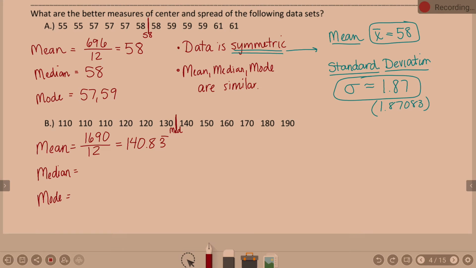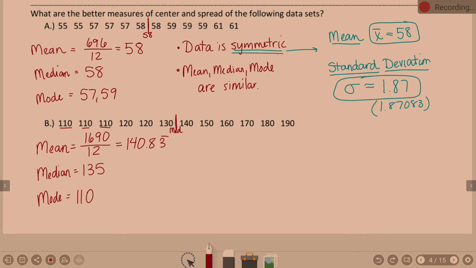And what's halfway in between 130 and 140? 135. Add them and divide by 2 if that makes you feel better. What's my mode? 110 because it repeats 3 times, yes?